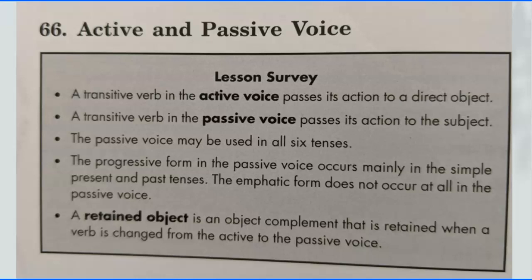And then a new concept that we have not talked about before, a new 8th grade concept, is the retained object. This can be a little confusing. It can also be a little argumentative, and I'll show you why when we get to the end of the lesson. So let's go ahead.